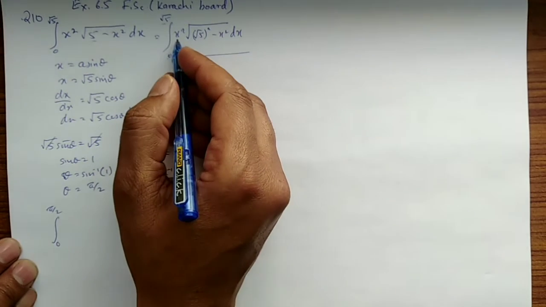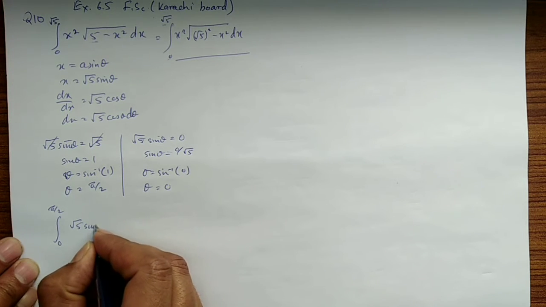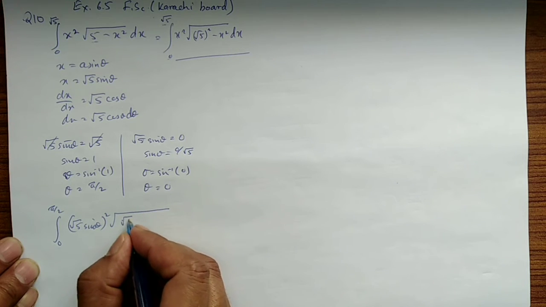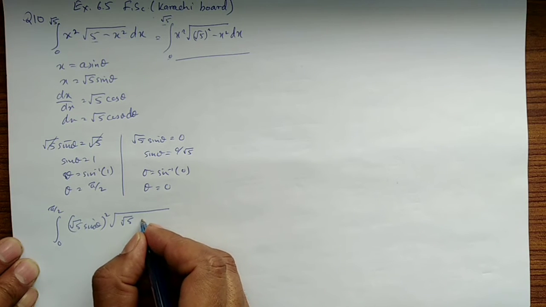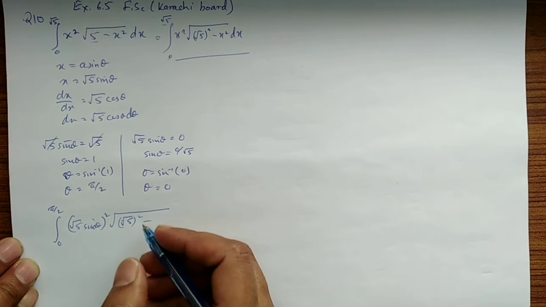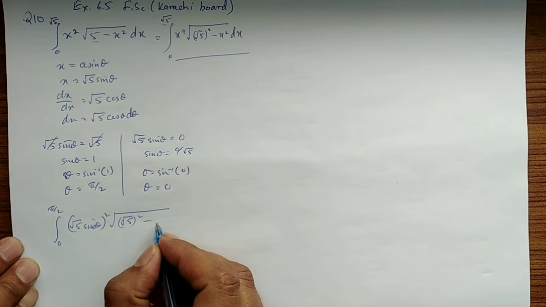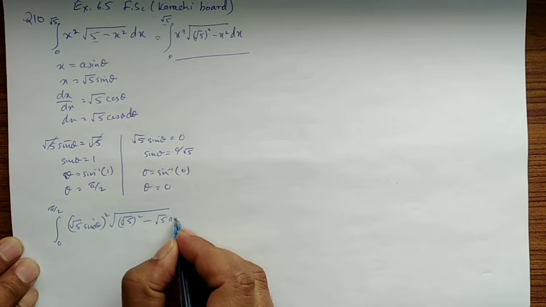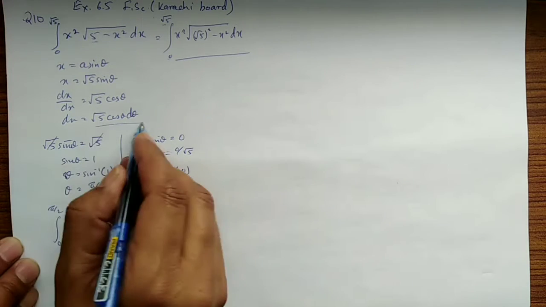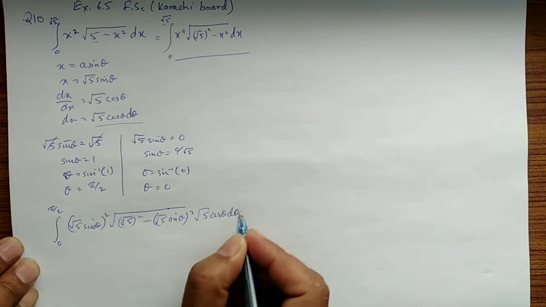In place of x square, I can write root of 5 sine theta whole square, root of 5 square minus that, and in place of dx I am going to write root of 5 cos theta d theta, right?